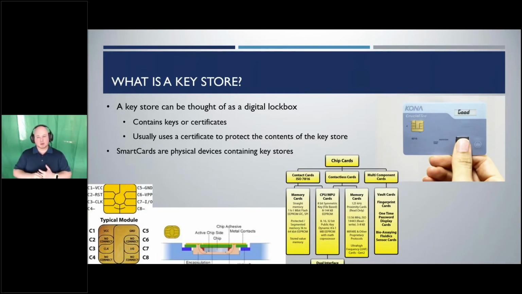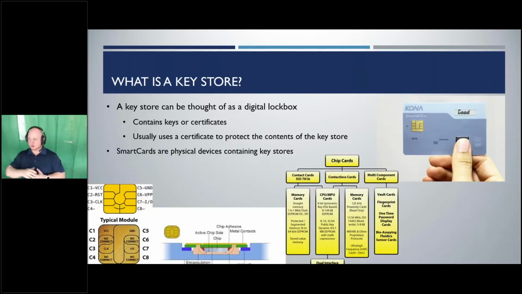What smart cards have been typically used for, you may have seen DoD cards floating around, those are smart cards. What they typically have is a certificate store that contains a bunch of different certificates inside of it, with a mechanism to authenticate to that key store so that you can get at the content inside of it.